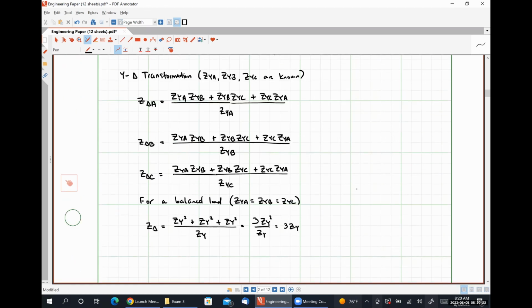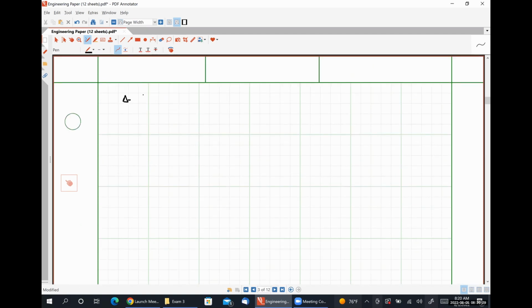If we want to go for a delta to Y transformation, where Z delta A, Z delta B, and Z delta C are known, solving our system of equations gives us the following results.